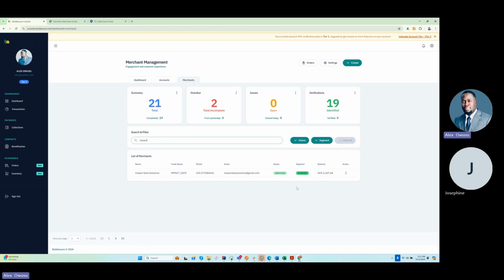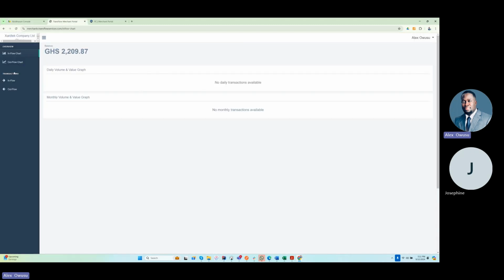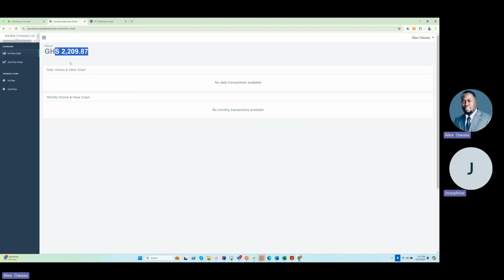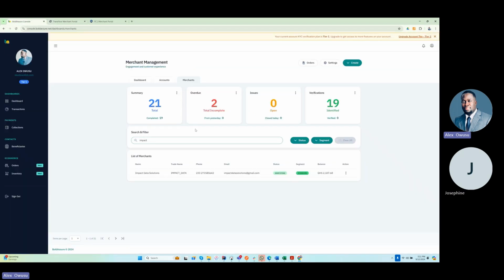So with that being said, some of the work that would come in your pipeline is, one, what is the inflow as of now? And then on the BoldAssure app, what is the projected inflow? Does it match this? And then also, if you take the merchants who are working, what are their balances? So this is a typical merchant.